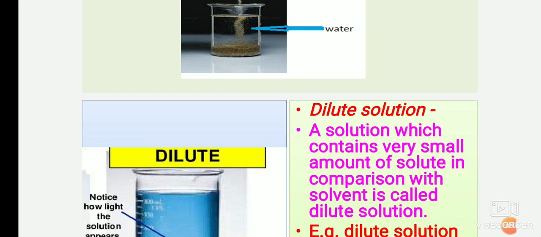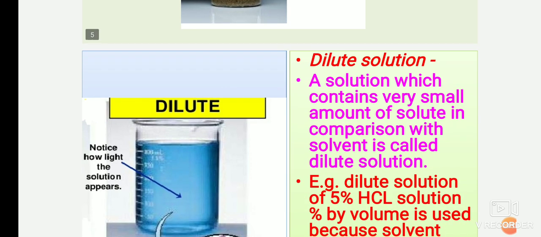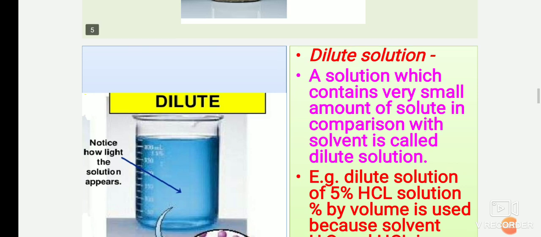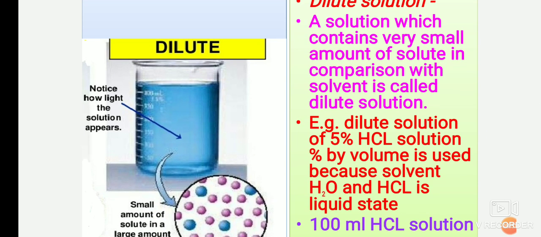Depending on the amount of solute present in solution, solutions are of two types. First, dilute solution. A solution which contains a very small amount of solute in comparison with solvent is called dilute solution.